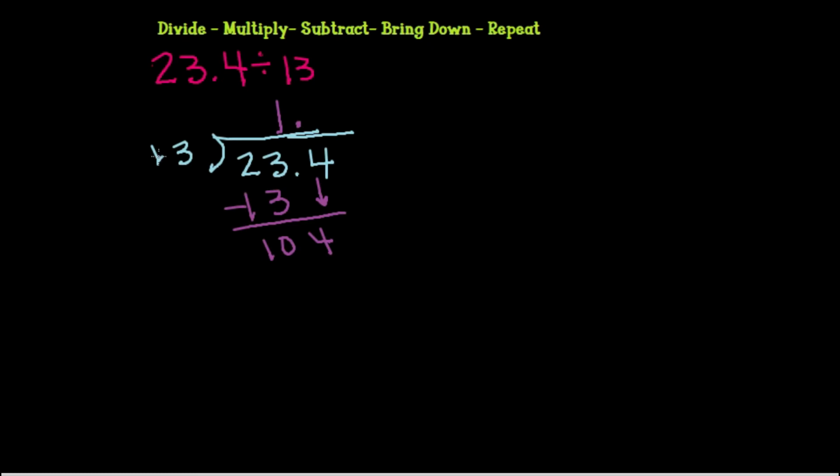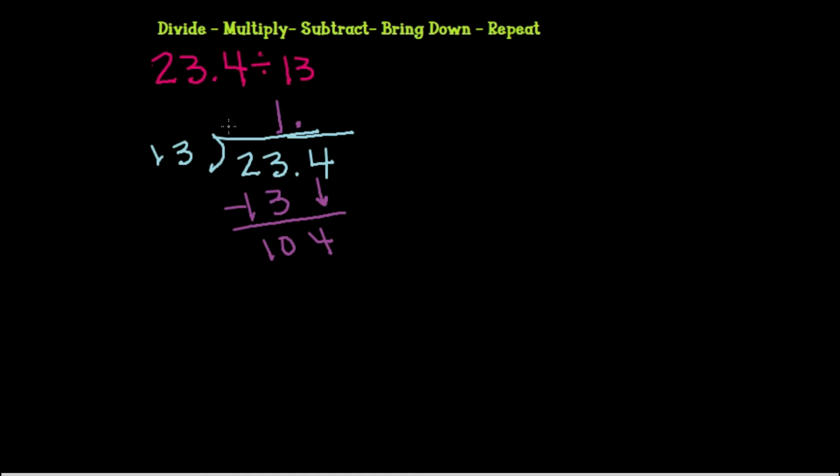Once again, we are going to try and multiply 13 by any digit between 1 and 9, looking for a number that brings us close enough to 104 or exactly to 104. We know that 13 times 1 is 13 and 13 times 2 is 26.